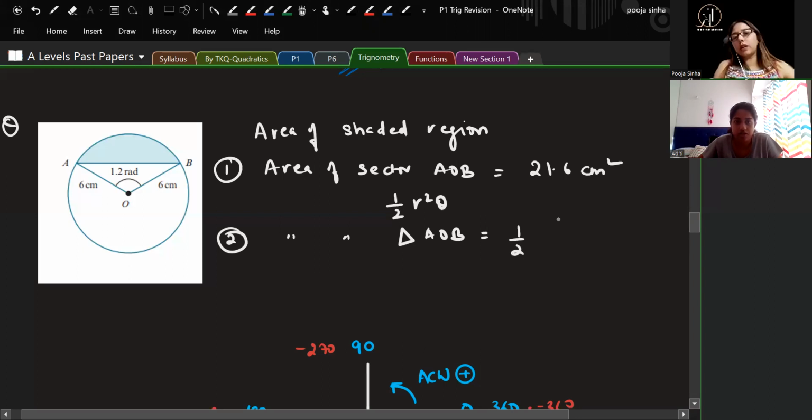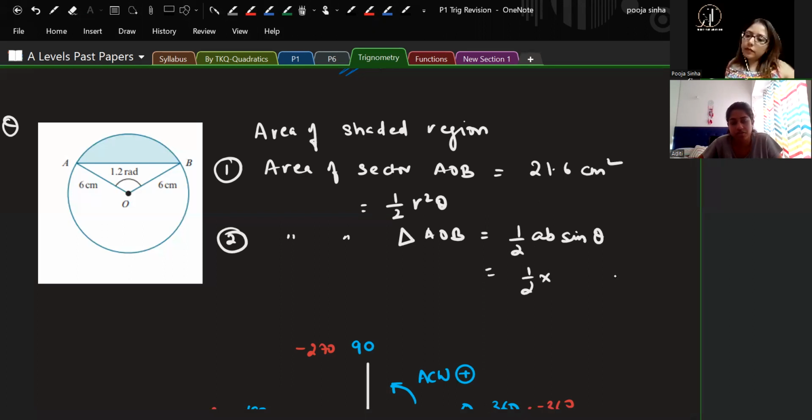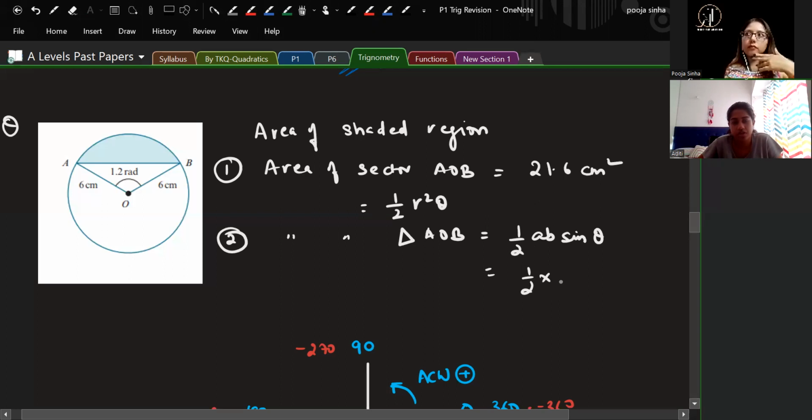Its formula will be half AB sine theta. That's basically a height actually in this case. Okay, give me just a moment on this.